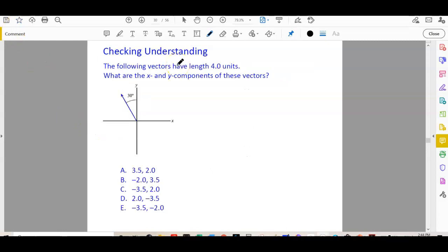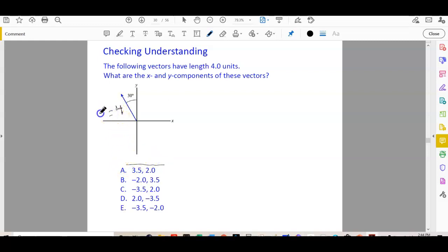Let's try another one. Suppose you have a hypotenuse that is 4 units. So it's a length of 4, and you have 30 degrees. I want you to get the length of the x component vector.